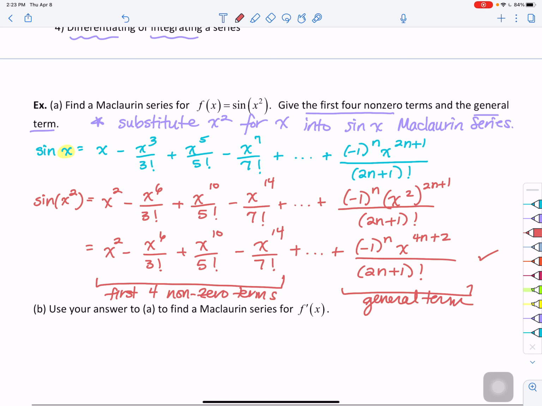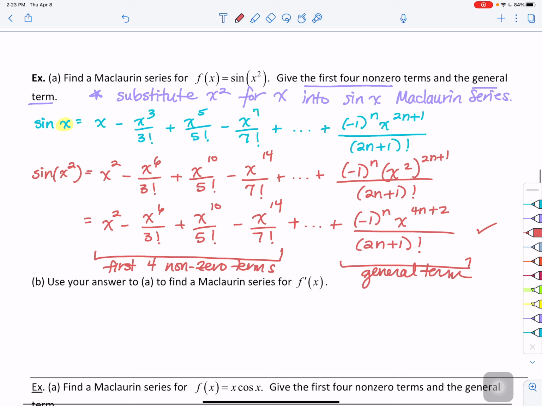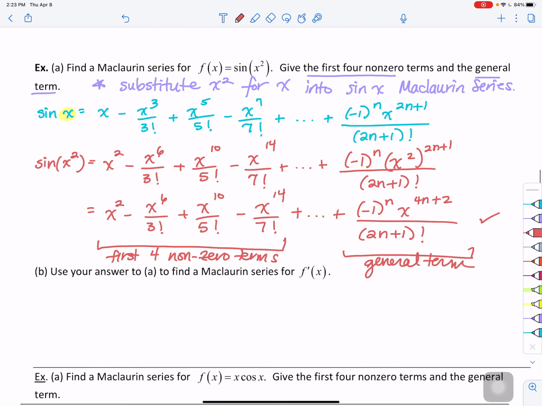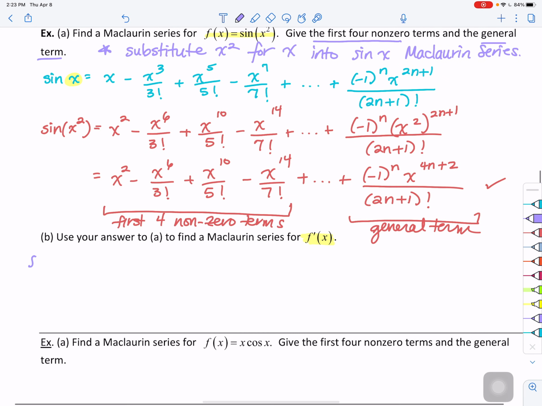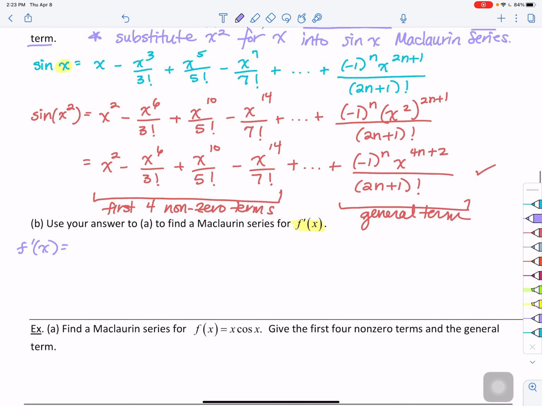Okay. Use your answer in A to find a Maclaurin series for f prime of x. Well, all we would have to do is, this is the same question. So our f of x is the sine of x squared. So we want f prime of x, okay? So f prime of x would just be equal to the derivative here.